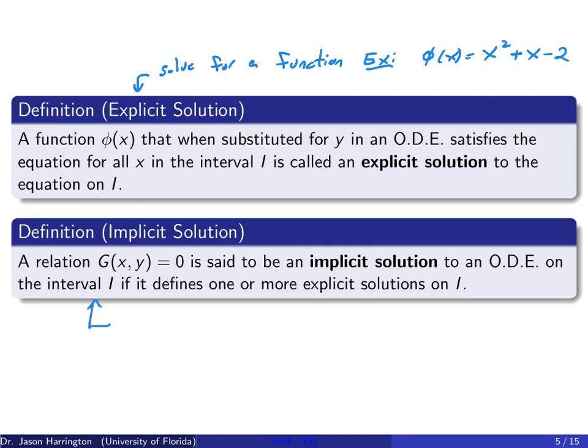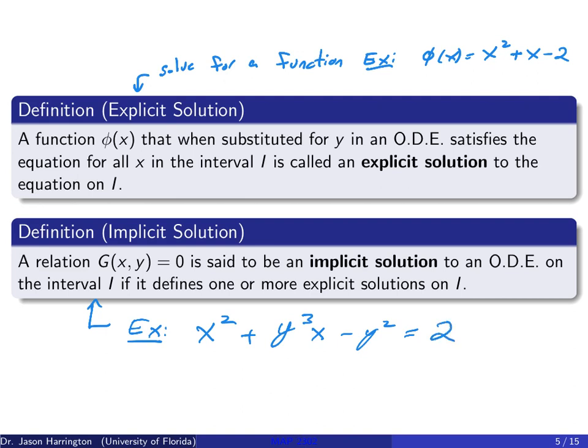But implicit will have something that we can't solve exactly for y or x. We'll have maybe x squared plus y cubed times x minus y squared is equal to 2.